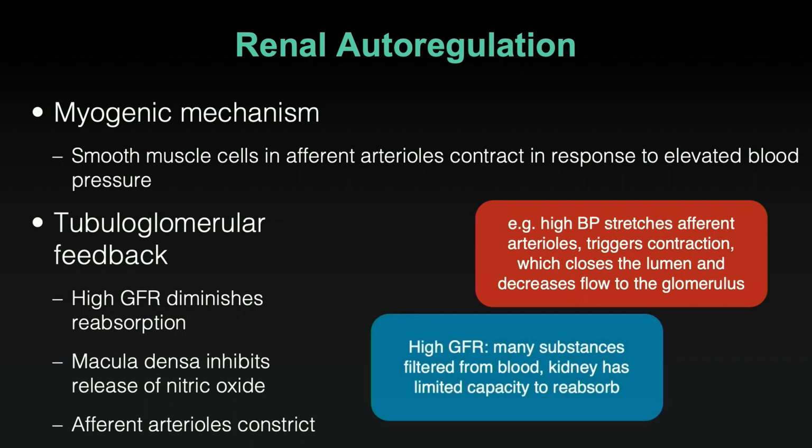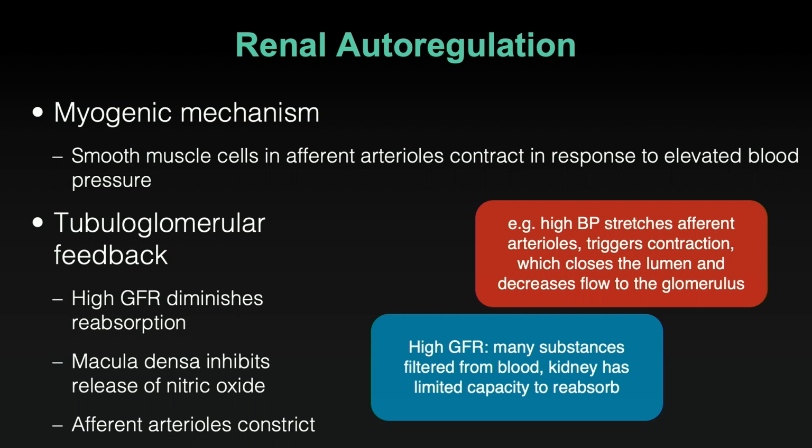So in a situation where we have high blood flow in and high filtration, we have a high GFR, lots of stuff is being filtered out, expelled into the tubules. Lots of fluid, lots of ions, lots of small molecules.